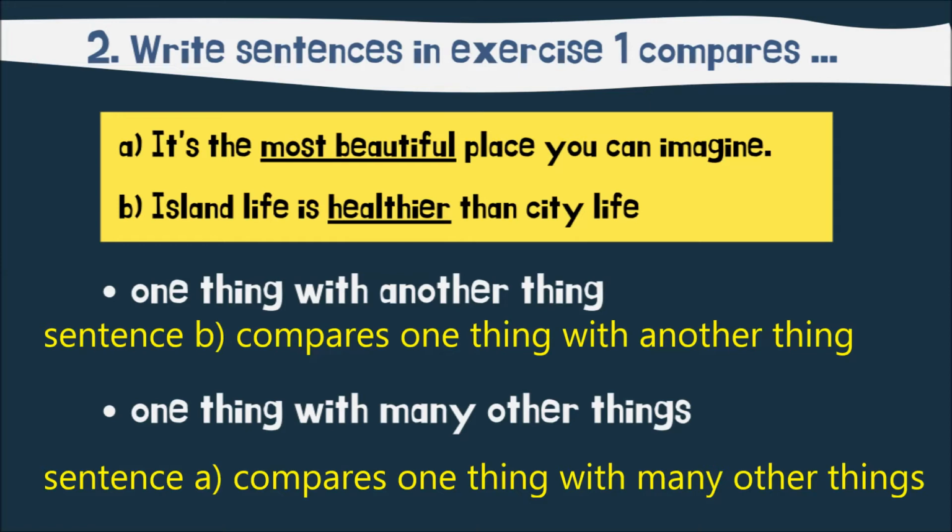Okay, but if we compare between one thing with many other things, we use superlative. Okay, jika kita membandingkan antara satu perkara dengan satu perkara yang lain, kita gunakan comparative. Jika kita membandingkan antara satu perkara dan banyak perkara yang lain, kita gunakan superlative. Okay, remember those two.